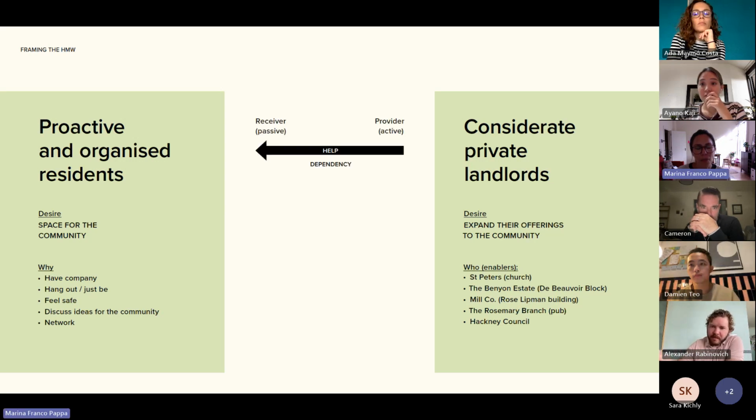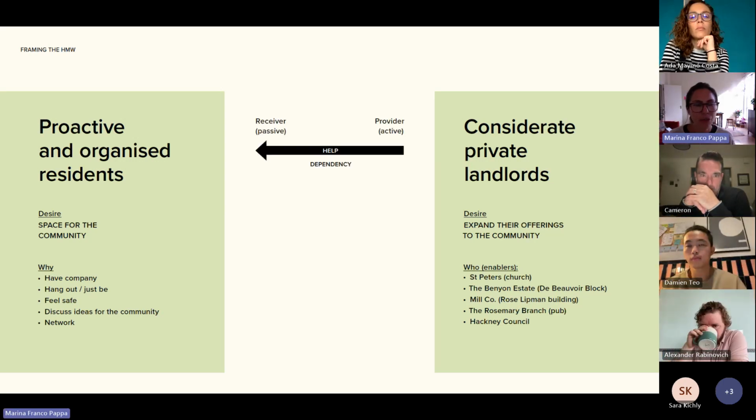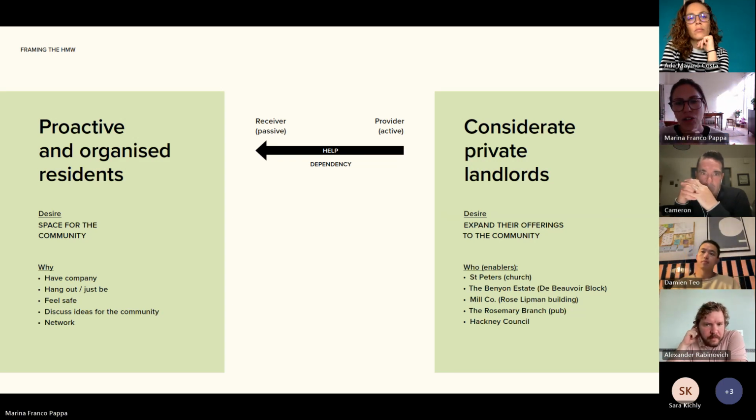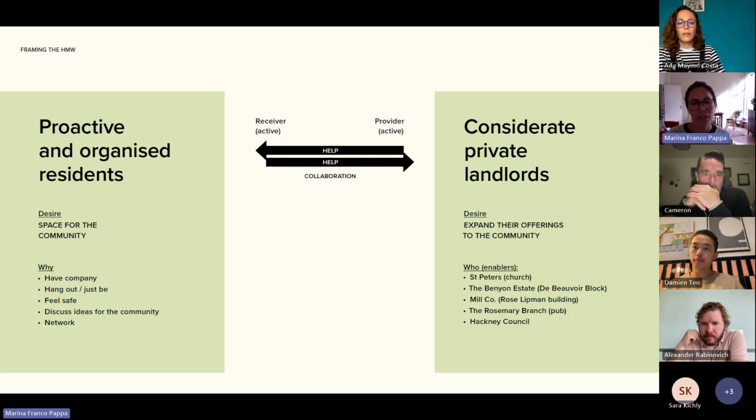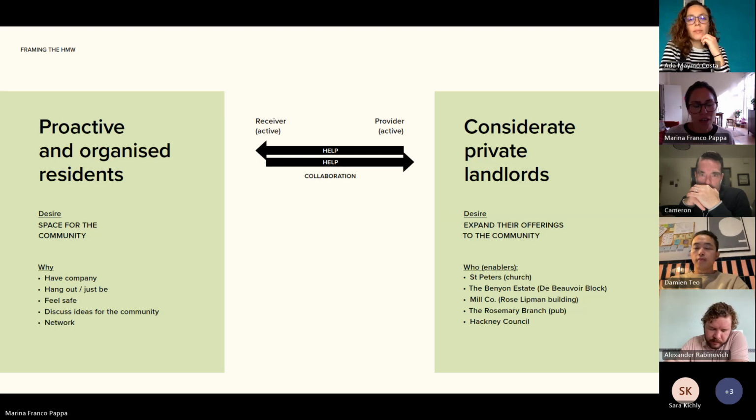And that was the relationship when I was looking at how might we. I didn't want to create a service that would just engage the landlords to give something to the residents. I wanted to think of it as a collaboration between the two.